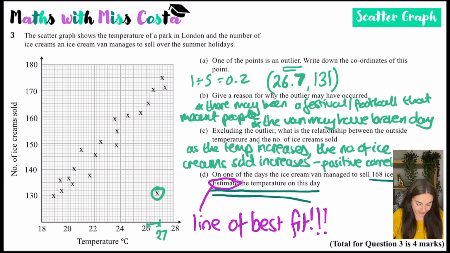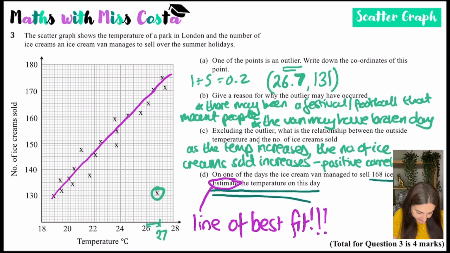So line of best fit, it doesn't have to go through 0, 0. It literally goes through as many, and that's annoying actually because my pen is really thick, so that's not going to be helpful. Let's try and do it as thinly as possible. Okay, so it wants to roughly have as many points above the line as below, and it needs to be done with a ruler. So to estimate, what we do is we use our straight line.